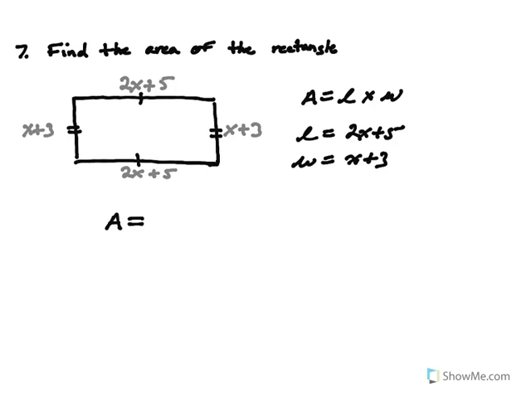The area is your length times your width. So remember that your length in this problem we said was 2x plus 5, and your width for this problem we said was x plus 3. And all that's going to equal the area. So again, what are we doing? We're FOILing. You remember FOILing?